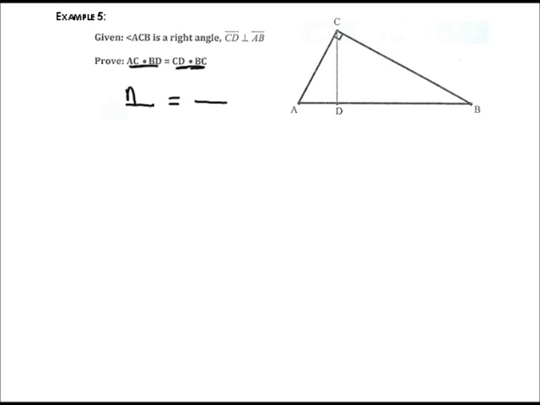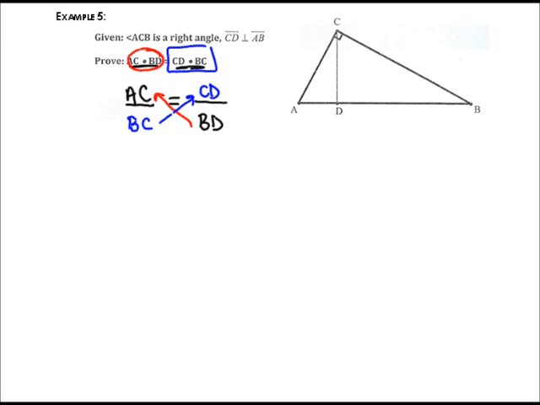Well, two things that are across from each other were AC and BD, because when you go to cross multiply them, your result would have been AC times BD, which means that the other two also have to be across from one another. So CD and BC also have to be across from one another in order for you to be able to cross multiply and get that result.